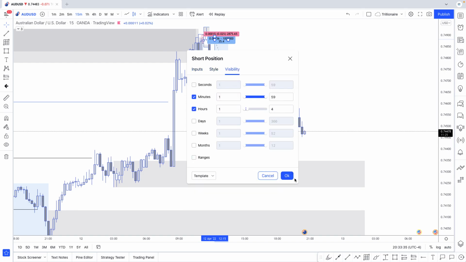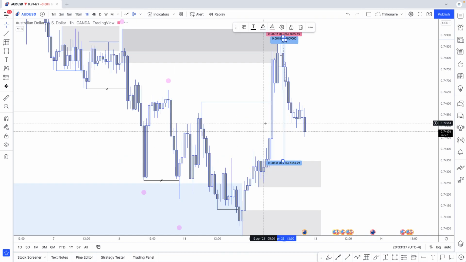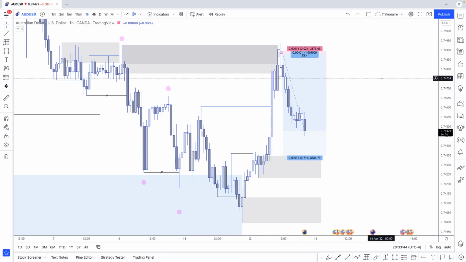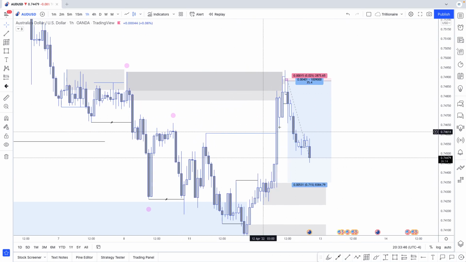Let's change this. And there we have it, right? So we're looking for around 35% return on this trade right here after giving us a New York entry within this area, right? So not bad at all.